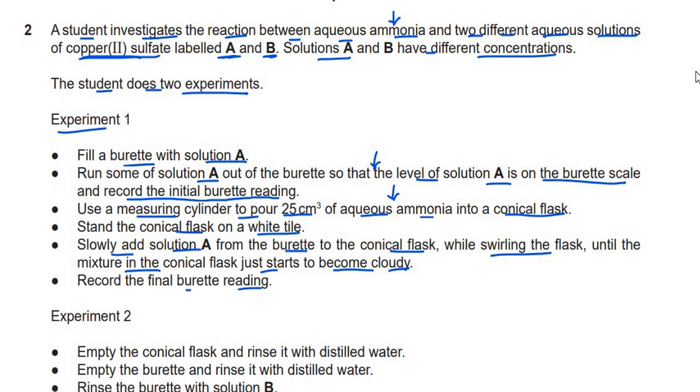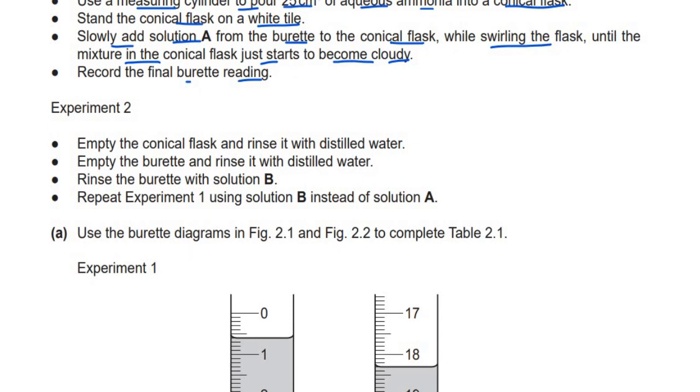Record the final reading. Now experiment 2. Empty the conical flask, rinse it with distilled water, empty the burette, rinse it with distilled water, rinse the burette with solution B, and repeat the same experiment with solution B instead of solution A in the burette.